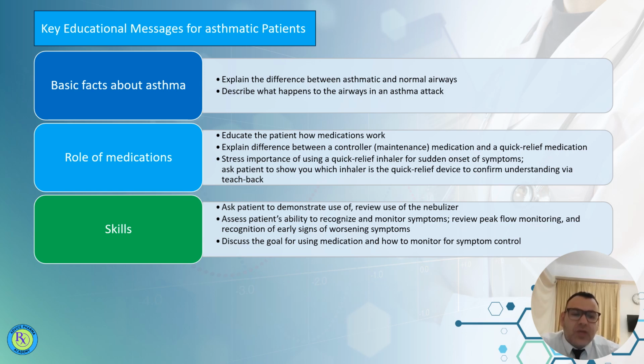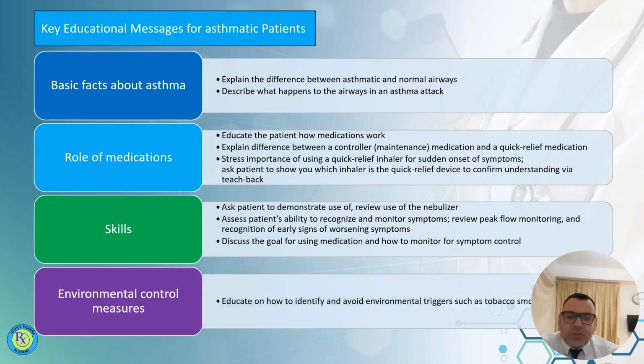You need to know how to use a nebulizer if the patient has a nebulizer at home, so you need to explain to him how to use the nebulizer. Assess ability to recognize and monitor symptoms, and discuss the goal of medication. You need to explain why he is using this medication. As long as the patient is informed about the benefit of the medicine, he will comply with it and you will get a better benefit.